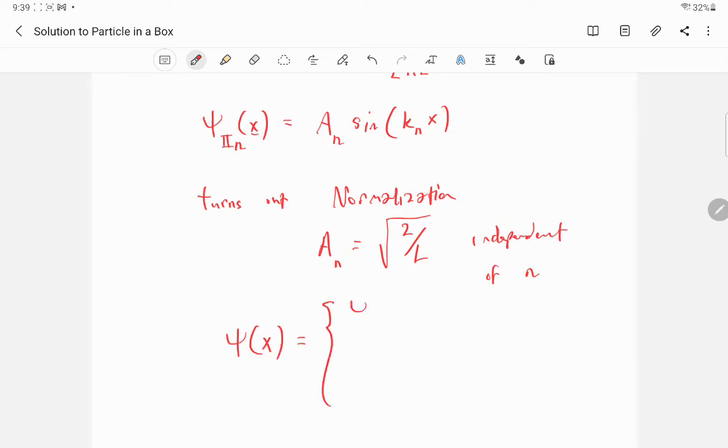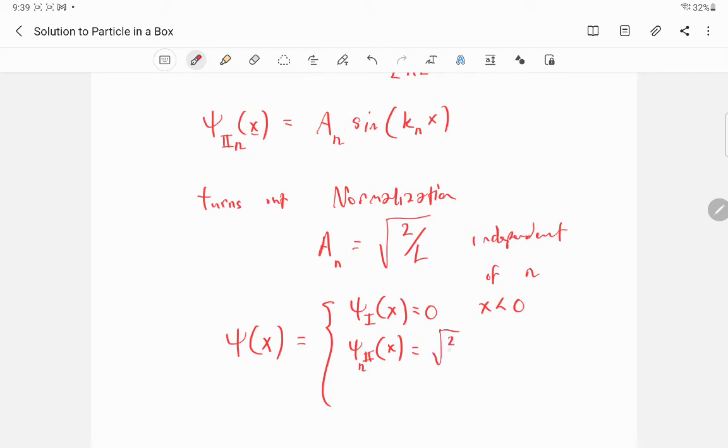So the wave functions psi of x are piecewise defined. In region 1, it's equal to 0 for x less than 0. In region 2, it's actually labeled by an index n.